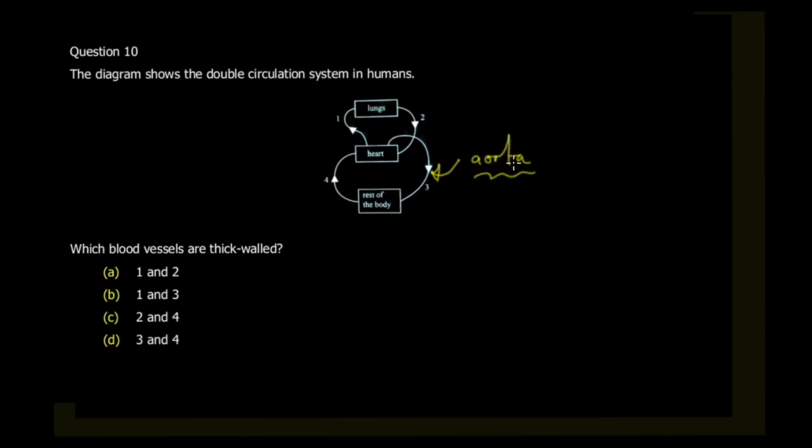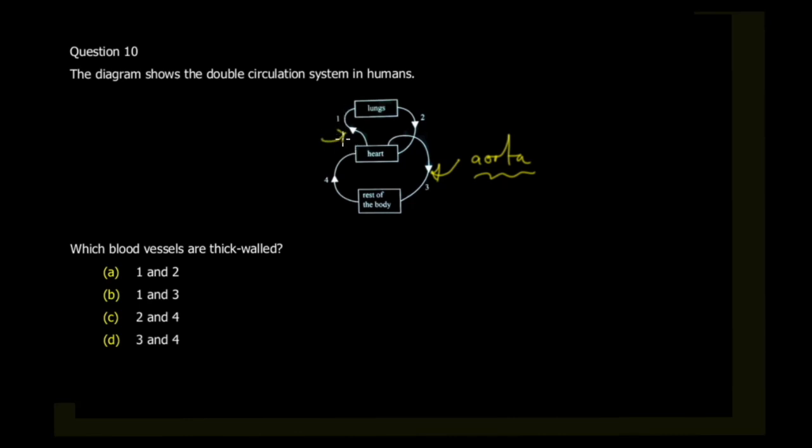So how things move. This one is called the aorta, so that would be 3, and then you'd have to think which other one should go with the aorta. It should be this one, when blood is being pumped from the heart. The other one would be this one here.